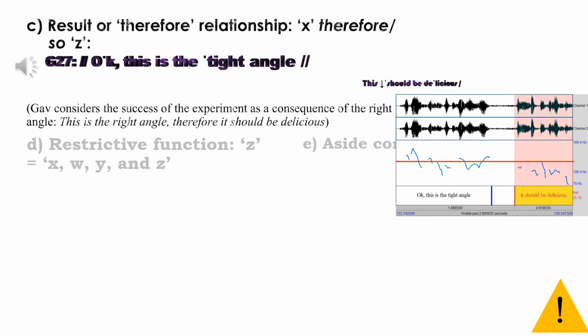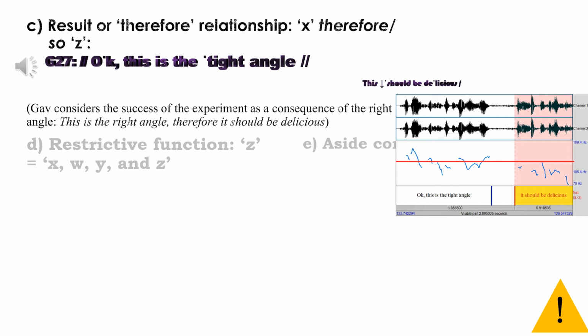Another mnemonic rule that we can use, especially for this particular meaning, is to introduce and remember the connector between the two tone units. So, this is the tight angle, therefore this should be delicious. Okay, so we can see the consequence relationship between the two tone units.